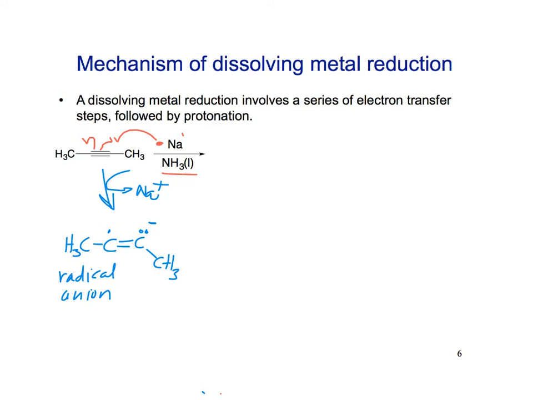Notice that the pi bond accepts an electron, so that's being reduced. The sodium goes from sodium metal to sodium +1, so that's being oxidized. Now the radical position is neutral, but the anionic position is very basic. So it can react with ammonia in an acid-base reaction.